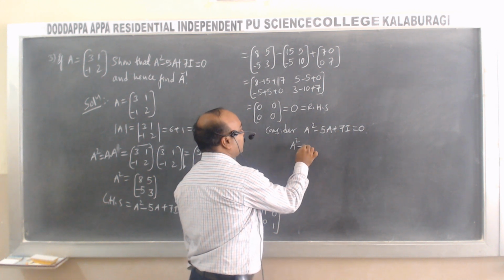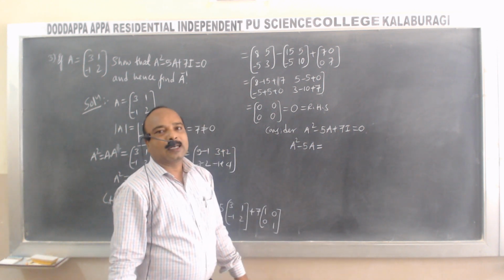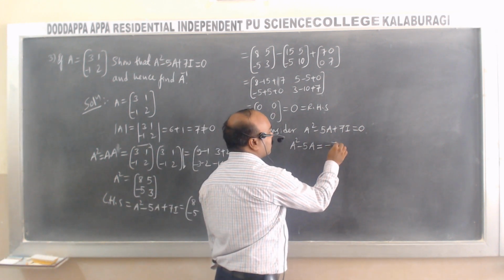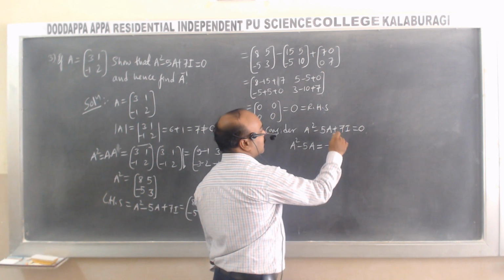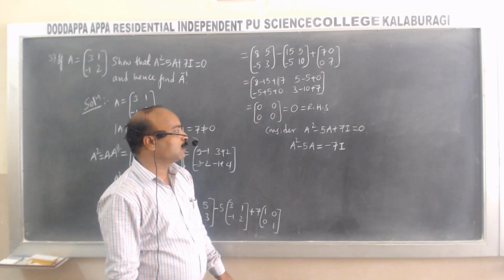First A square minus 5A as it is, then we take the identity matrix to the right hand side. That is, if you take this side, it is minus 7I. 7I we are shifting to the right hand side, it is minus 7I.